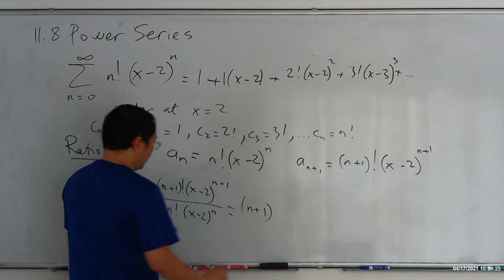So absolute value. You got the absolute value in here. And as n goes to infinity, that thing is going to go to 0. Doesn't matter what value of x is. Okay, x is a specific number, any number, fixed. n goes to infinity, and this thing goes to 0. Okay, so the limit is equal to 0, always less than 1.